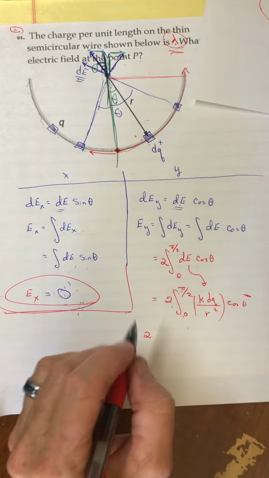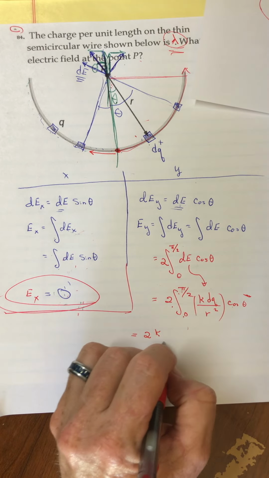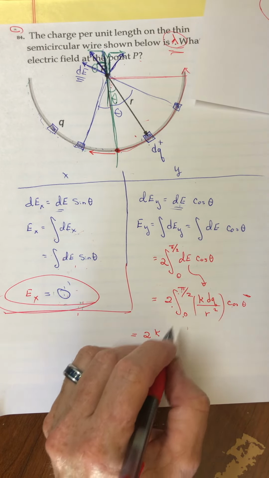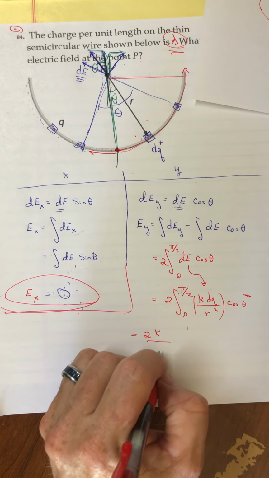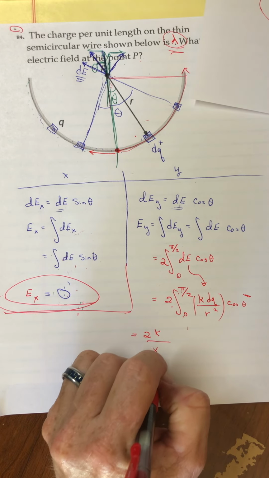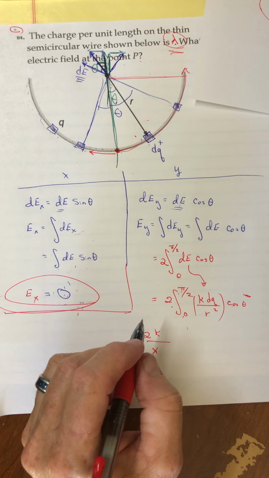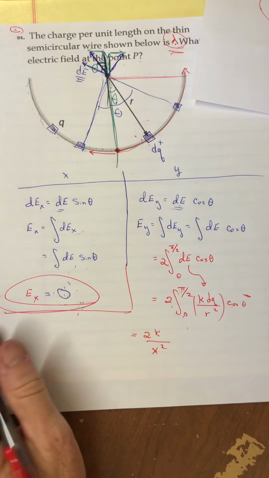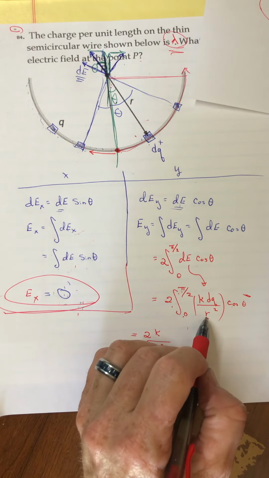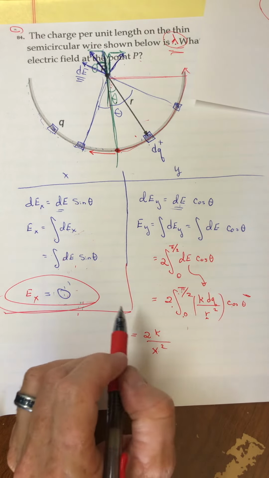And we can pull constants out in front. And so notice, I guess I will put x squared down here, but this number also is a constant.